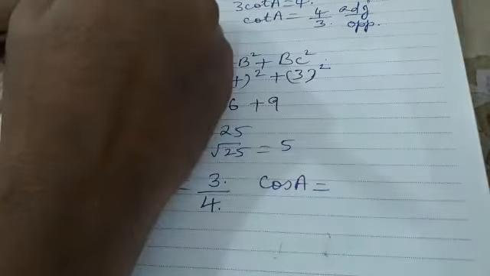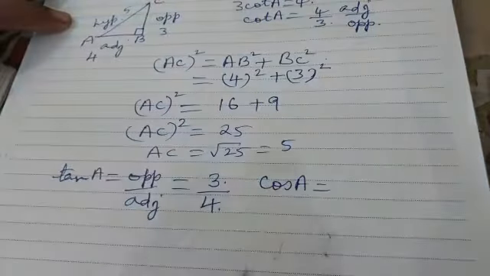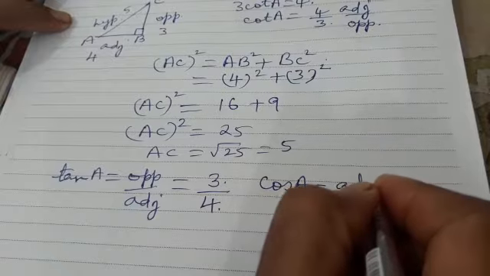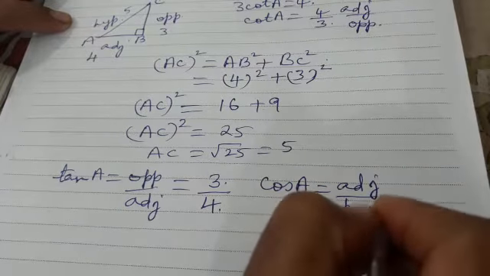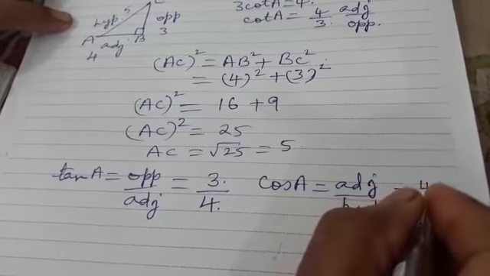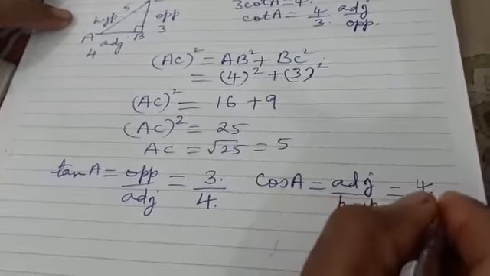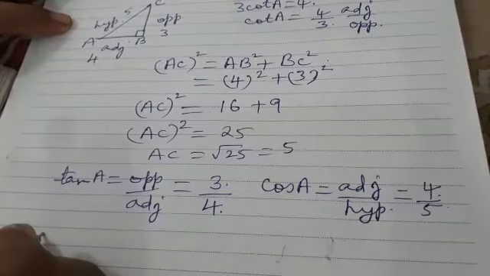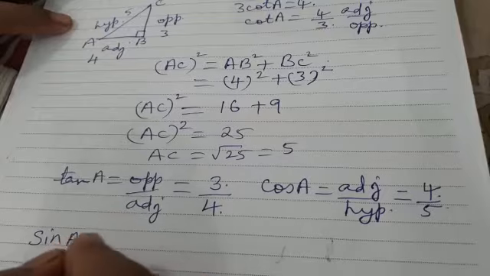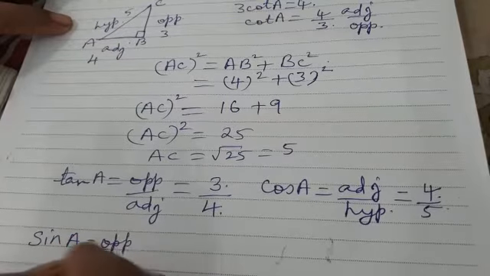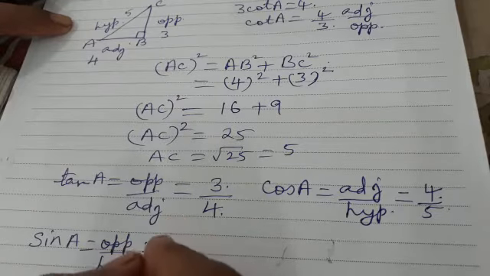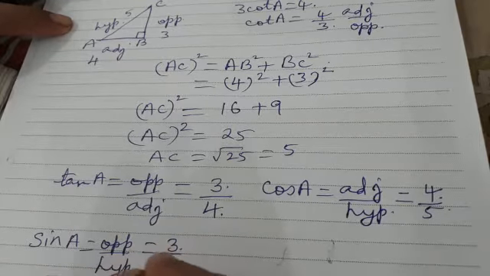We got our hypotenuse AC as 5. Adjacent is 4, hypotenuse is 5. Similarly we will find sin A, opposite upon hypotenuse. Opposite is 3, hypotenuse is 5.